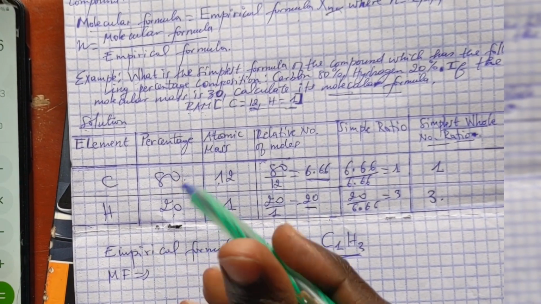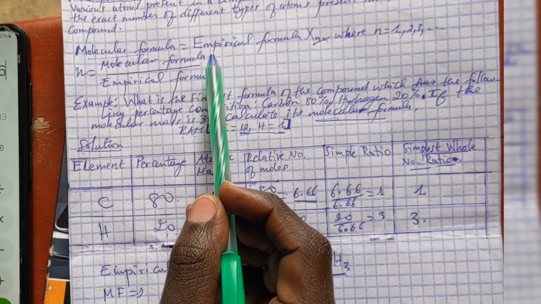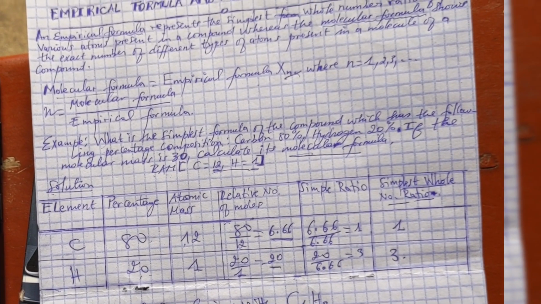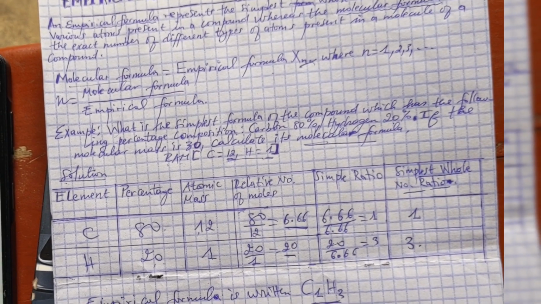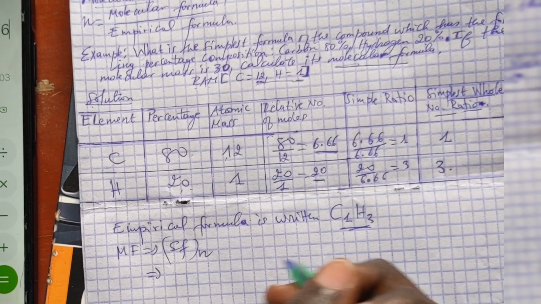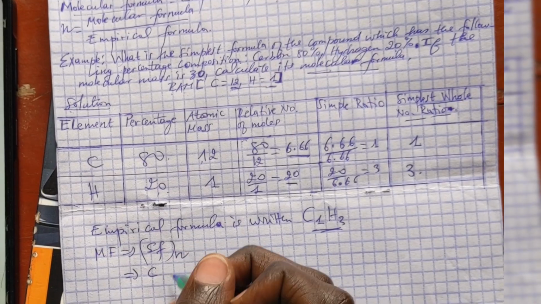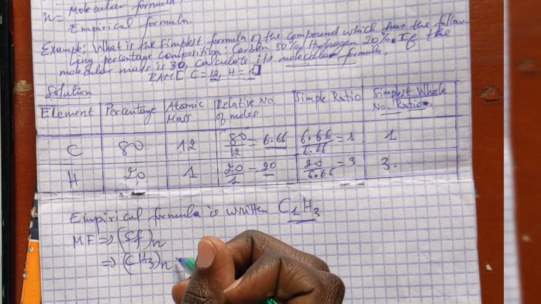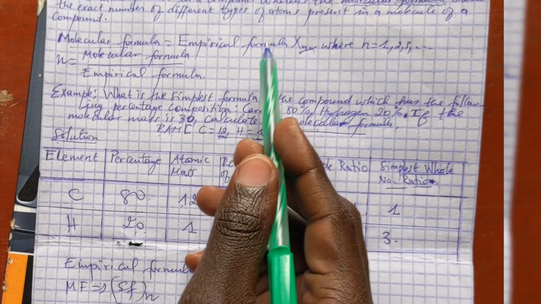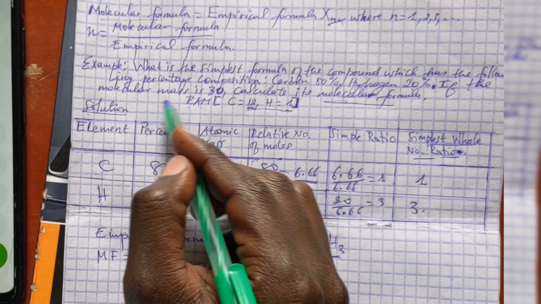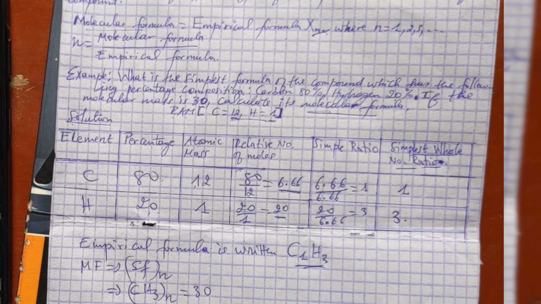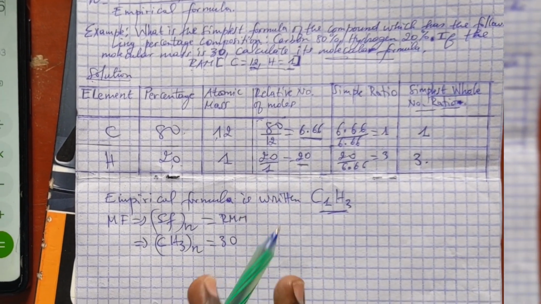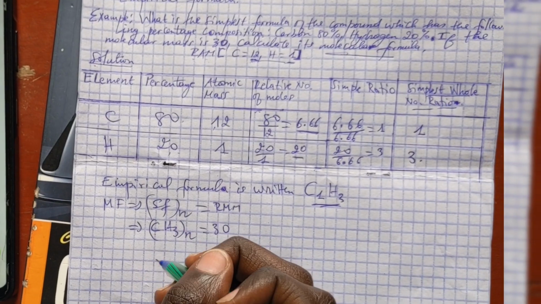Molecular formula, as we have seen previously, is equal to the empirical formula times n. So here we have the empirical formula, carbon 1 hydrogen 3, times n, which must be equal to the relative molecular mass, which is 30.